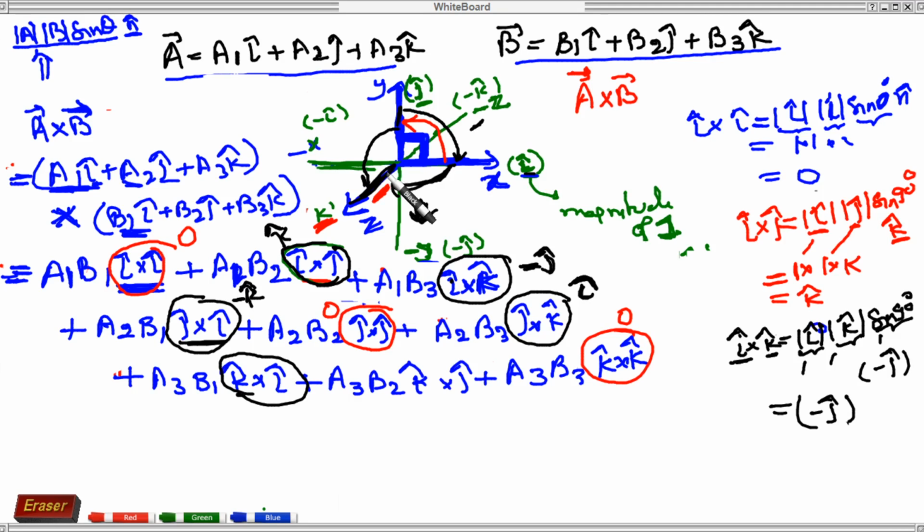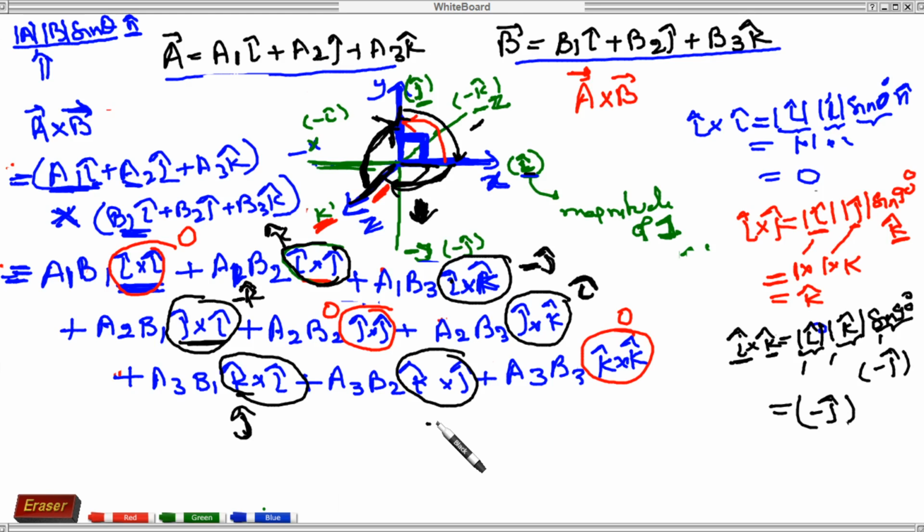You have to rotate your fingers from k to i. It will be j. And what about this k cross j? You have to rotate your fingers from k to j. This will be minus i.